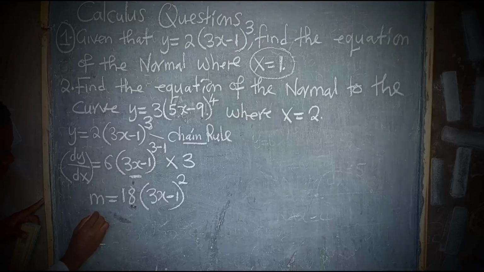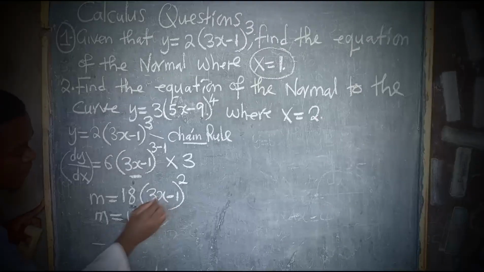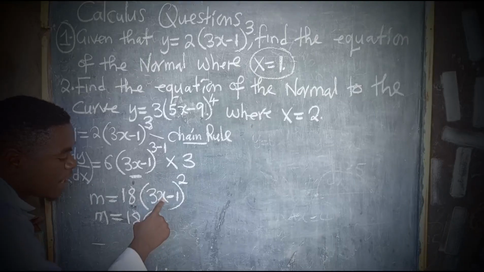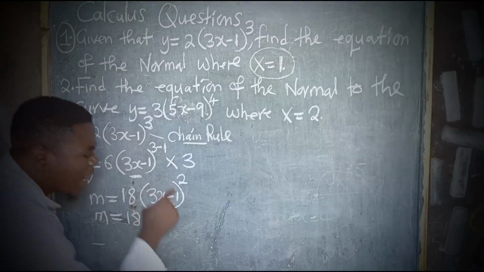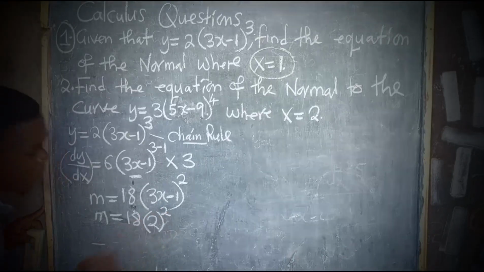So this is just the same as m is equal to 18, open bracket. What am I going to have here? x is 1. 3 times 1 is 3, minus 1 is 2. Then to the power what? Power 2.